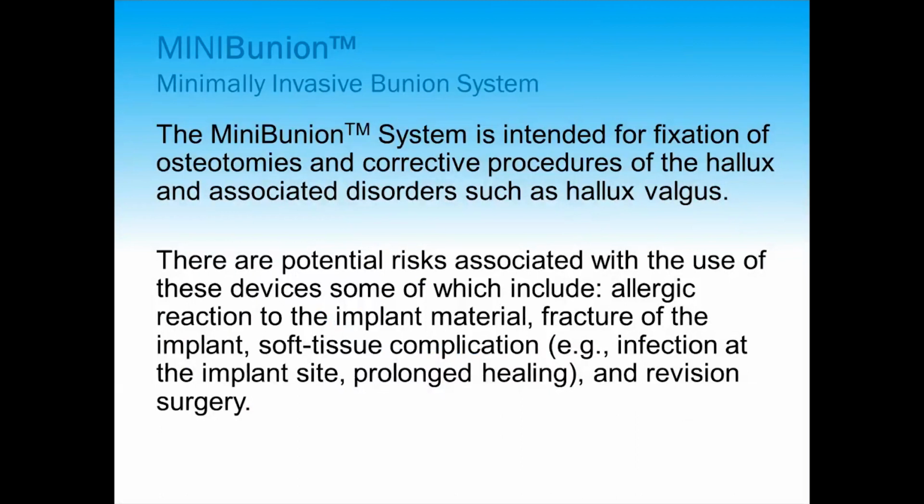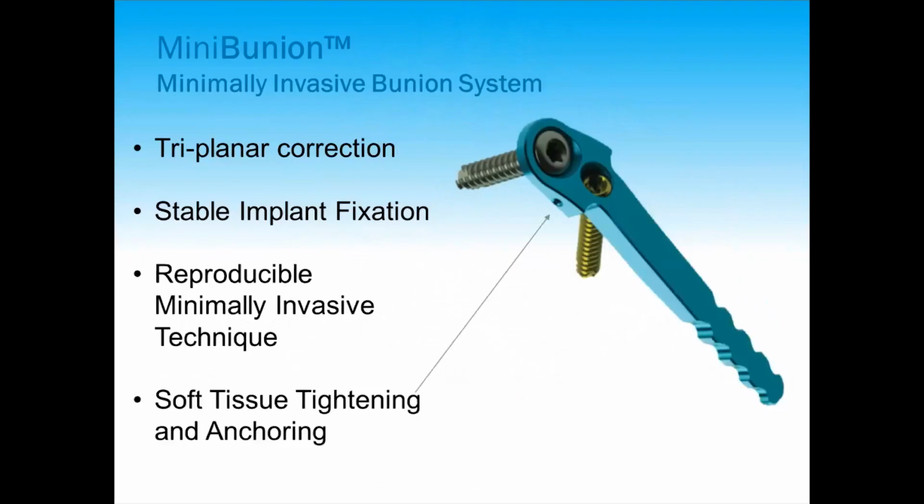There are risks that can happen with the use of these devices: allergy to the implant, fracture, soft tissue complications, infections, prolonged healing, and revision surgery, similar to all other types of implants.